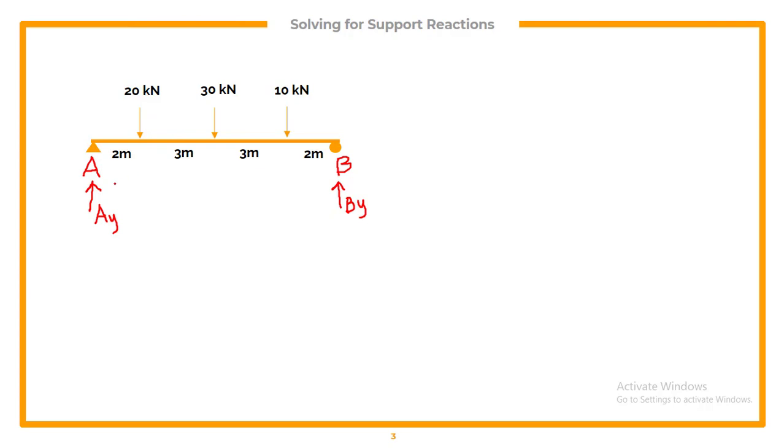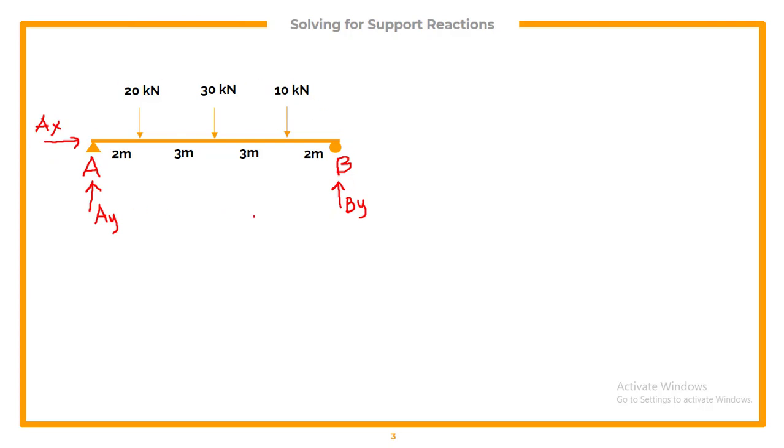Okay, so after that, since we have assigned reactions, if you remember from the previous discussion, a pin support automatically has two reactions, which are AX, the horizontal one, and AY. So a pin has two, while a roller has only one.